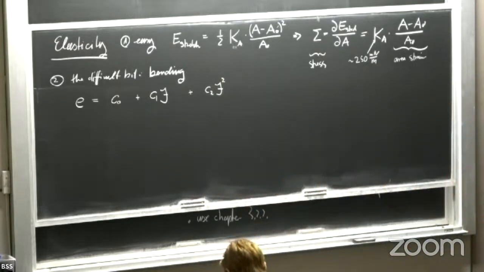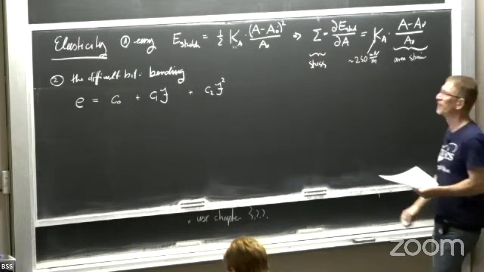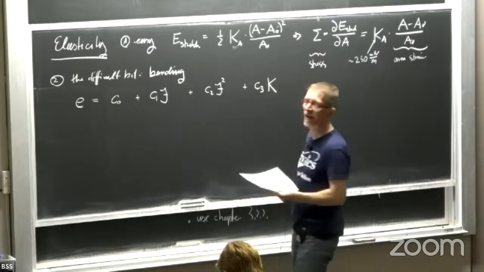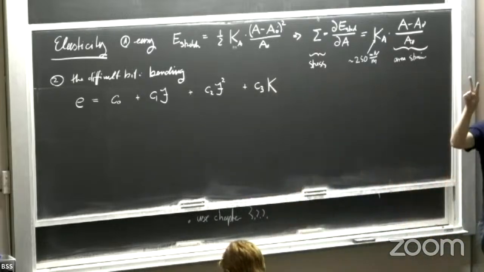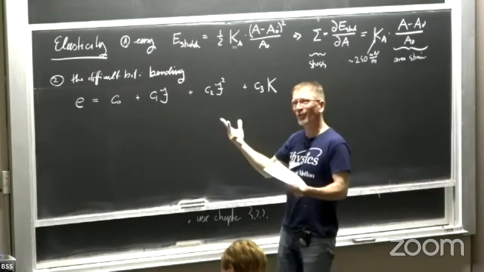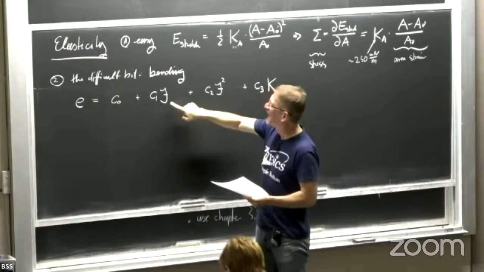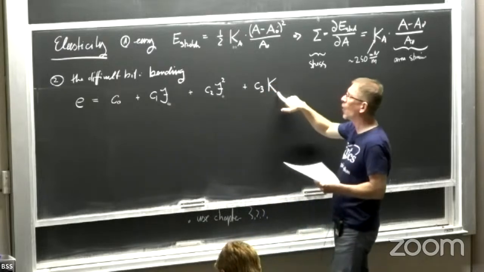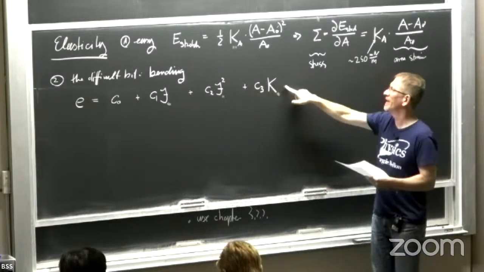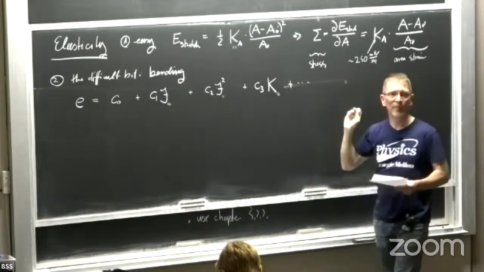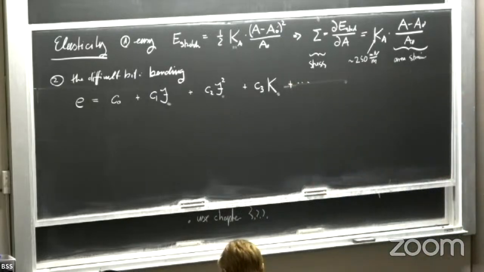But then you realize that at quadratic order I have another term that I could write, which is C3 times K, because K is quadratic in curvature, it's the product of two of the principal curvatures. Those C's are not the curvature C's, I apologize. J is linear in curvatures, so J squared is quadratic, and K is already quadratic in curvature. Anything after that is going to be cubic, so I'm going to stop at this point. I'm just going to find an expansion that goes all the way up to quadratic order in curvature.